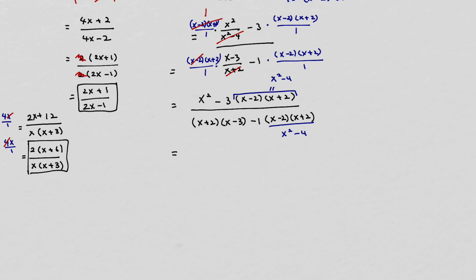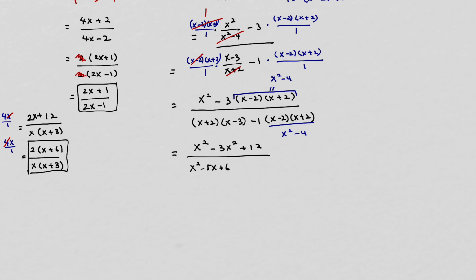So when you distribute negative 3 and negative 1 to open the parentheses, you're going to get x squared minus 3x squared plus 12 over, when you FOIL this, you're going to get x squared minus 5x plus 6.